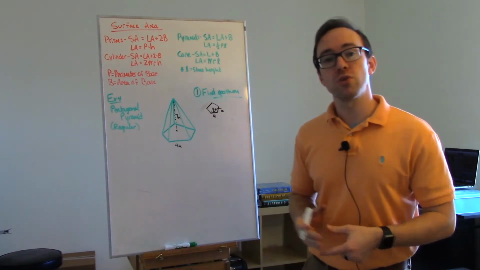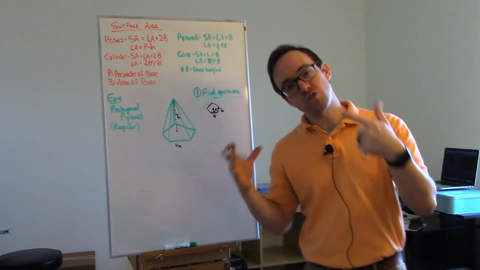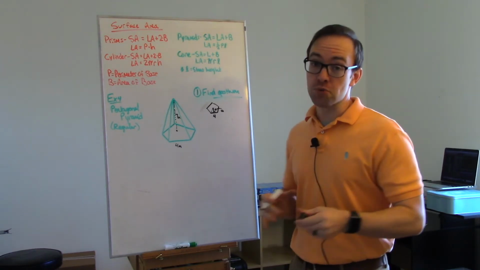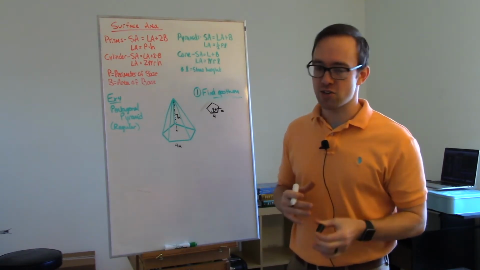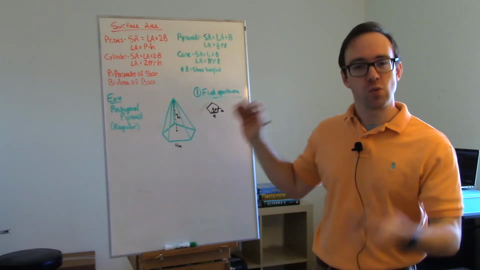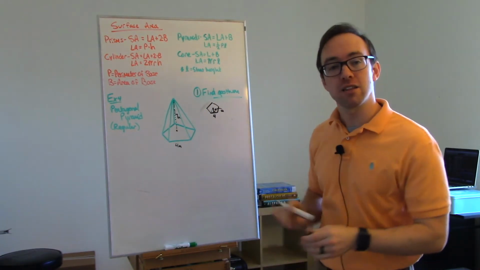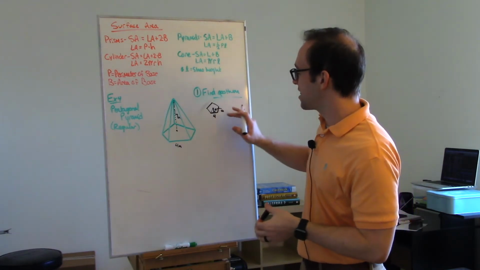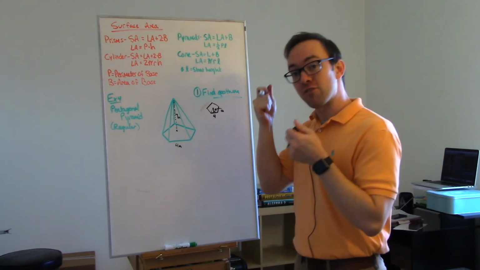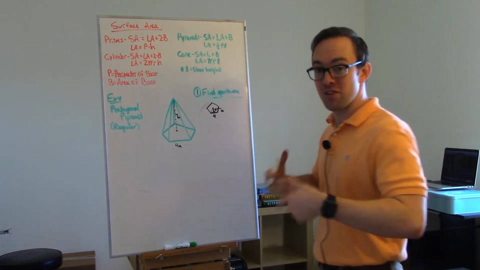And so what we're going to do is create this idea of a triangle, and then go through and use our sine, cosine, and tangent. So I want you to follow along here. What we have is we've just looked at the base. The base has a length of 4 on each side, and then the apothem is, of course, a line from the center to the middle of a side.